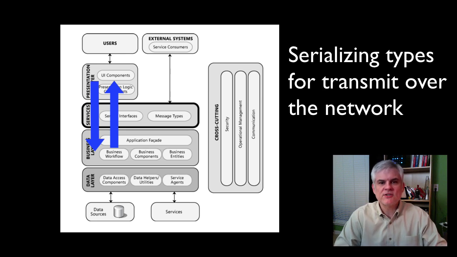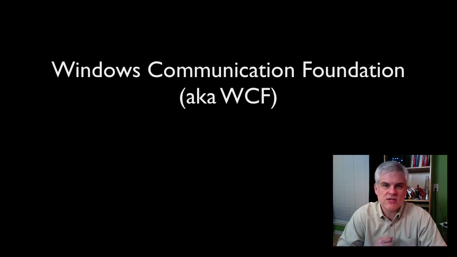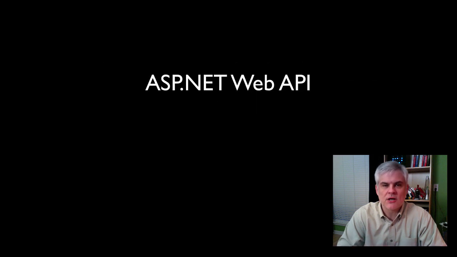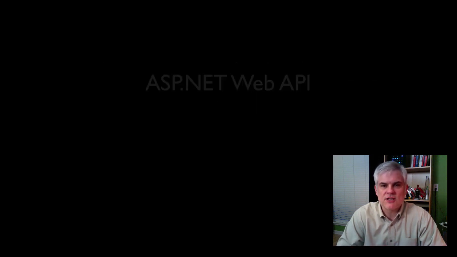All right, so there are several technologies in the .NET world that allow you to create a web services layer for your layered architecture. The first is Windows Communication Foundation, and the second is the ASP.NET Web API. It's a newer technology. There's one more. It's called WCF Data Services.